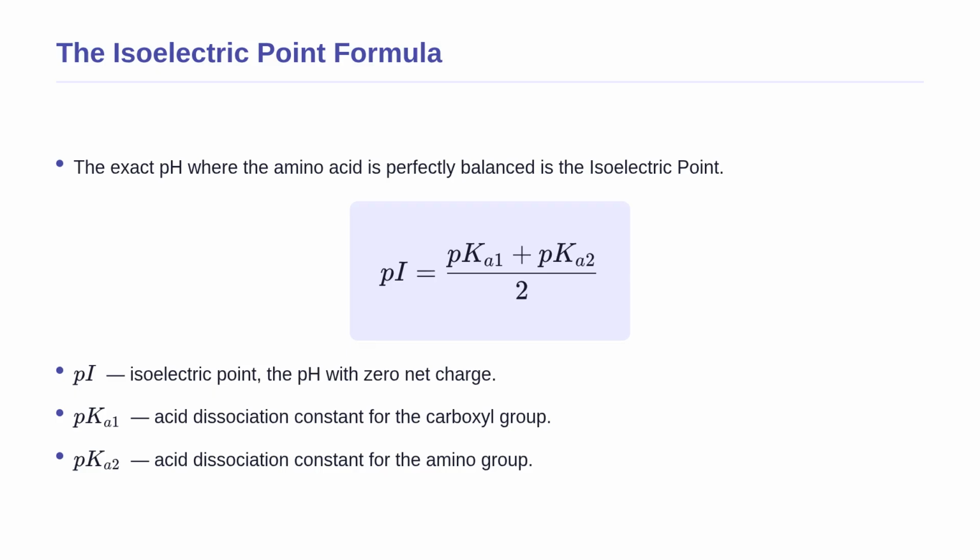The term pKa2 represents the dissociation constant for the amino group, indicating how easily it accepts or releases a proton. By adding these two values and dividing by 2, we are simply calculating the mathematical midpoint. If the environment's pH drops below the pI, the molecule becomes positively charged, and if it rises above, it becomes negatively charged.